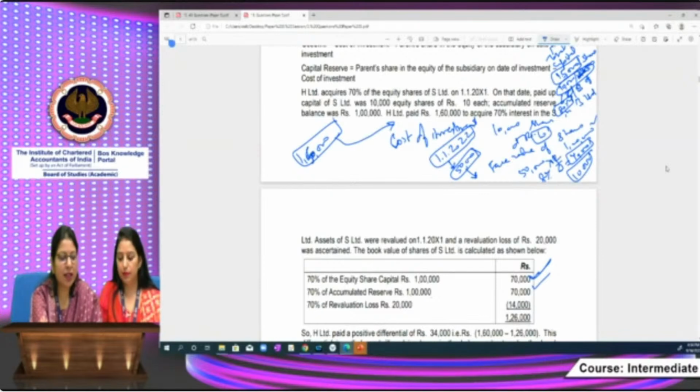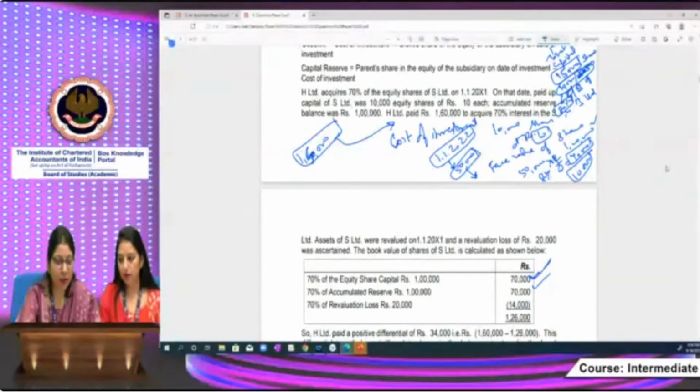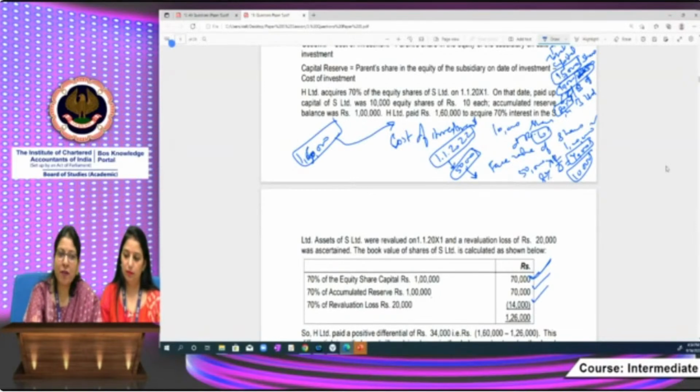There has been a revaluation of assets of the subsidiary where there was a loss of rupees 20,000. Then I have to consider the loss of rupees 20,000 also in my books by my share. My share is 70%, so 14,000 will be reduced from this value. That means 1,40,000 less 14,000, the value will come out to be 1,26,000.